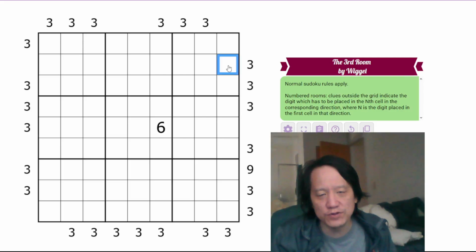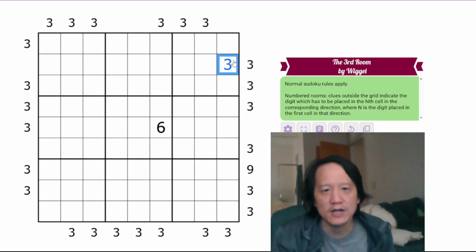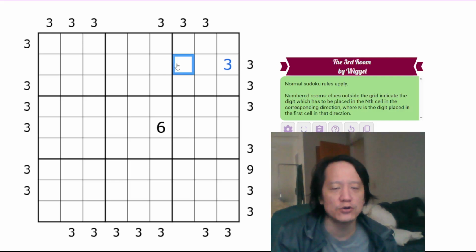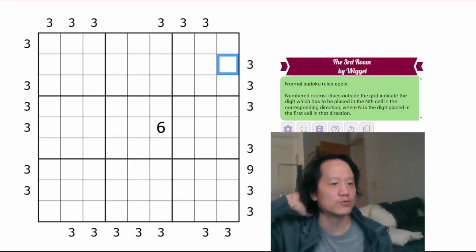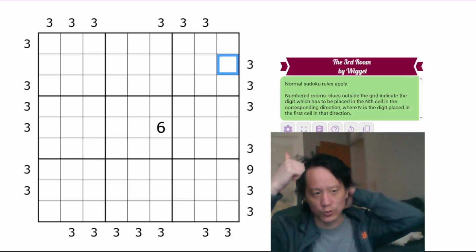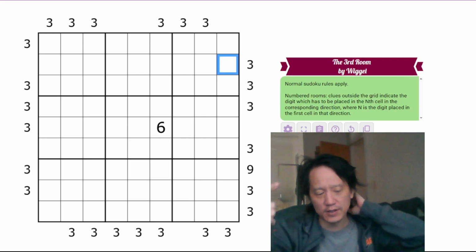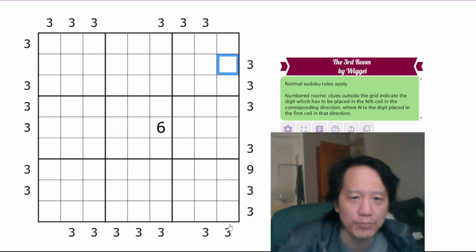Because if we try to make this a 3, that's saying 3 has to be in the third position. But obviously it's in the first position, so that's a contradiction. So in all the 3s that are numbered rooms clues, you can't have a 1 or a 3 ever be a numbered rooms clue, right?